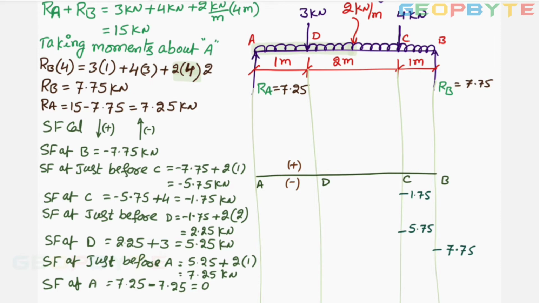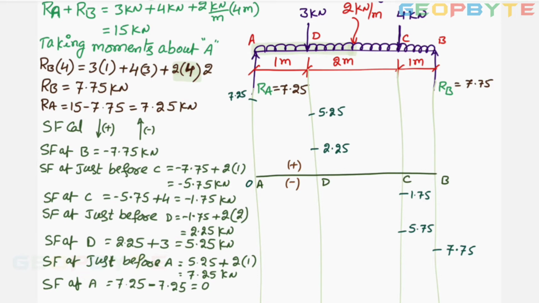SF at just before D 2.25, SF at exactly D 5.25, SF at just before A 7.25, exactly at A it is 0.